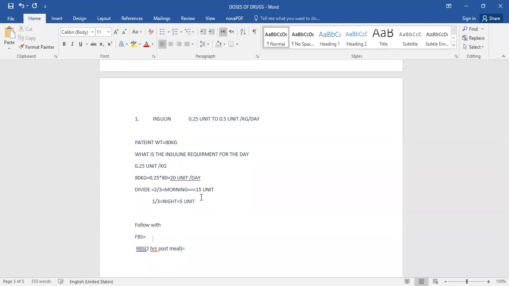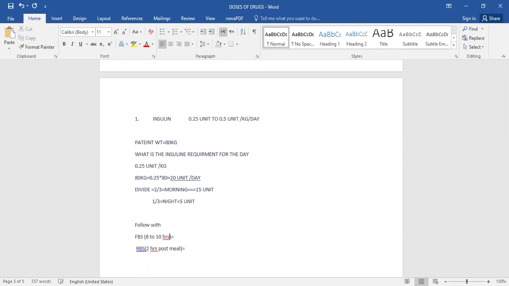Fasting is before breakfast, or 8 hours of fasting, usually a minimum of 8 to 10 hours, or you can increase up to 14 hours, but usually a minimum of 8 to 10 hours fasting.